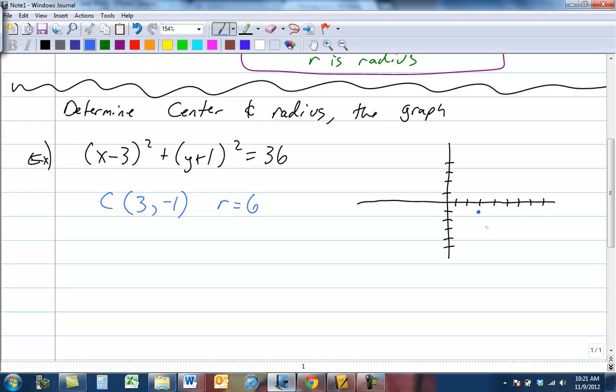Now, in order to do this, what I would recommend is, take your radius and go 6 up. 1, 2, 3, 4, 5, 6. 6 up, 6 right, 6 down, and 6 left from the center.